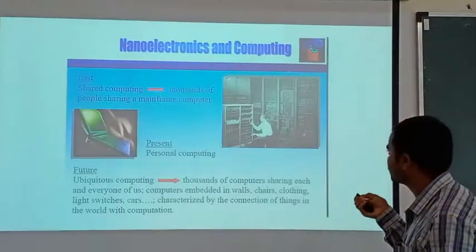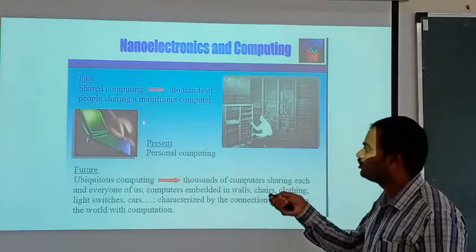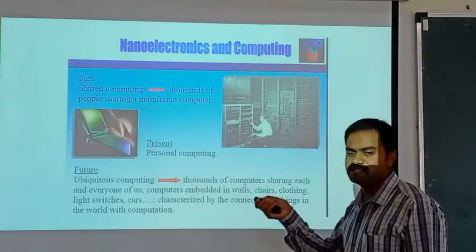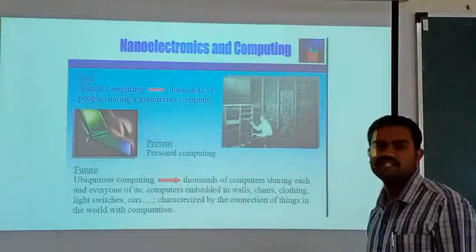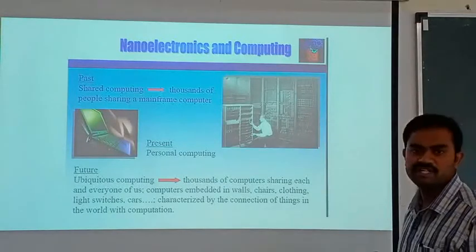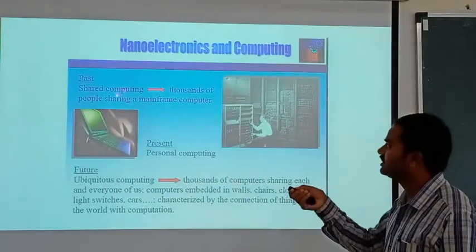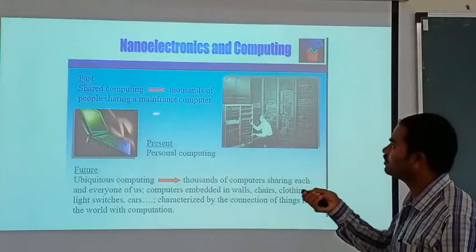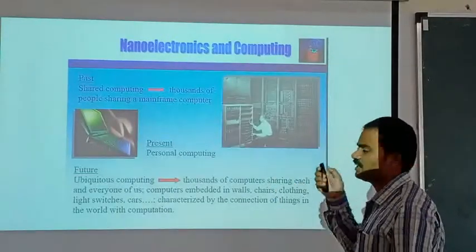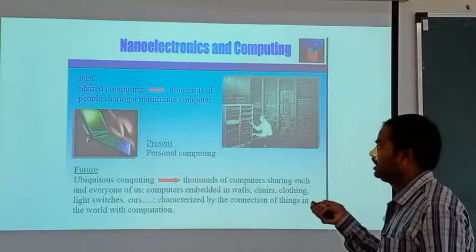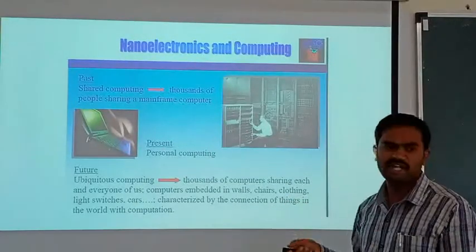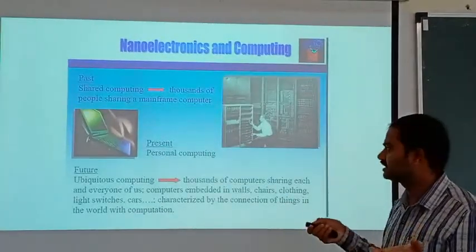That's why the size reduction happens, and you find the final device has a very small dimension. Why is this happening? In earlier days, thousands of people shared a mainframe computer. Now, with the personal computer, we can handle it with our own hands.